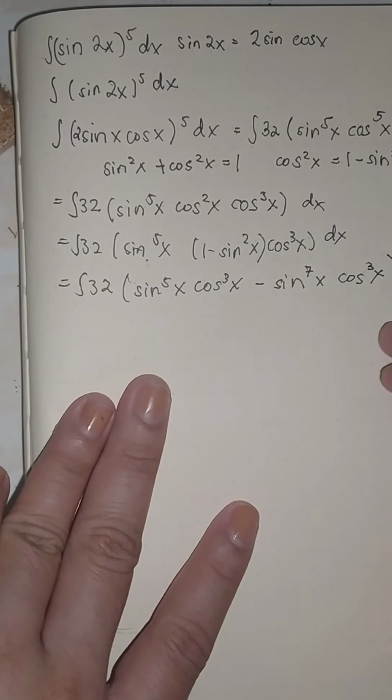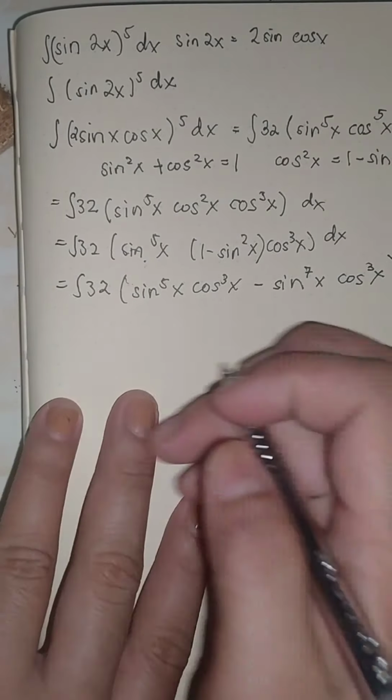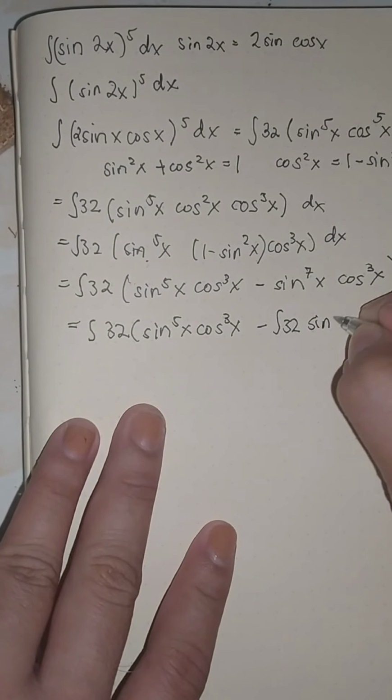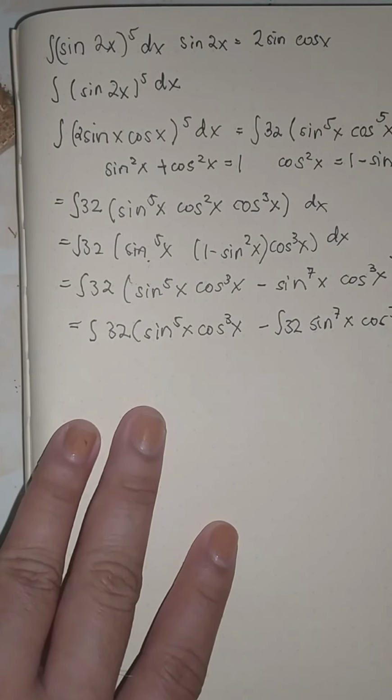We can just separate these two so that it will be easy. So we have the integral of 32 sine raised to 5 x cosine cube x minus the integral of 32 sine 7 x cosine cube x. That's it. So let's do this part first.